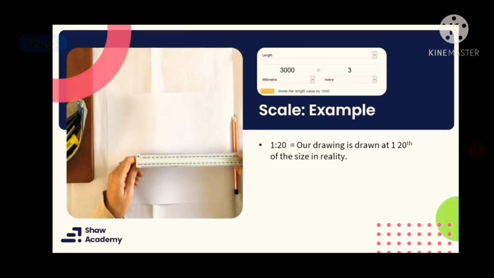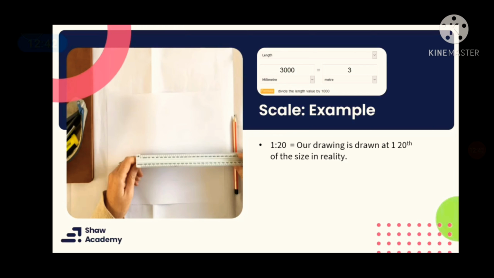The ratio will need to reflect on your drawing. So if we are looking at a value of 1:20, this simply means that the scale is 1/20th of the size that you are working with in reality. So for example, 20 centimeters in reality is represented by 1 centimeter on your drawing. Do you understand? So 20 centimeters in reality is indicated by 1 centimeter on your drawing.